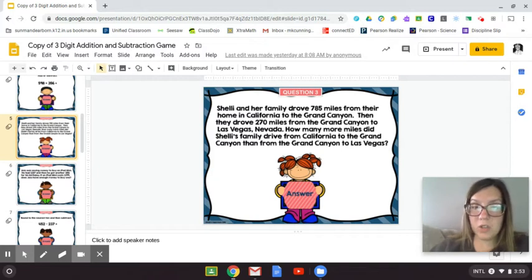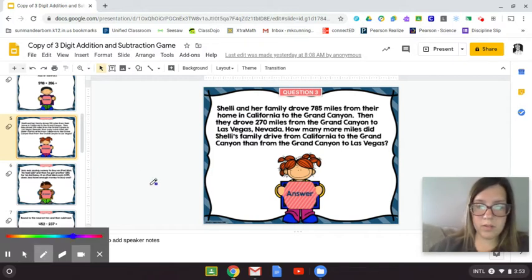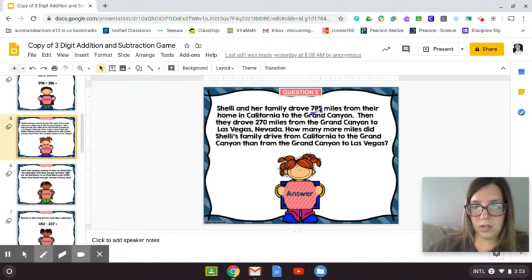So Shelley and her family drove 785 miles. Then they drove 270 miles. So I think a lot of you guys would think that you needed to add these together, but it's not asking how many miles she drove in all.